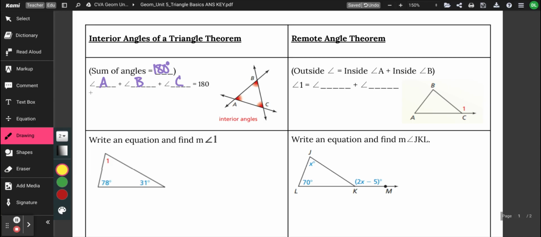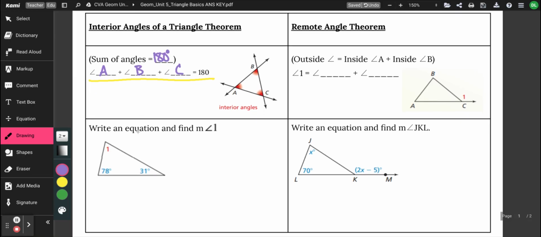This is actually the equation that you will use in order to solve these types of problems. So if you look at our example below, it says write an equation and find the measure of angle 1. So my equation is going to be just adding them up and setting them equal to 180. So angle 1 plus 78 plus 31 equals 180.